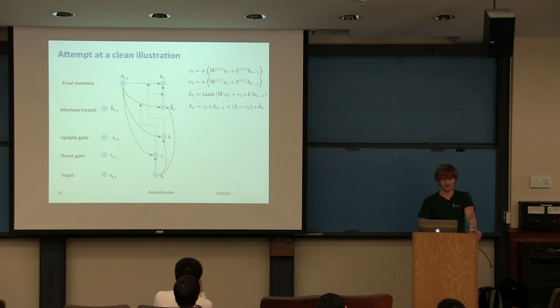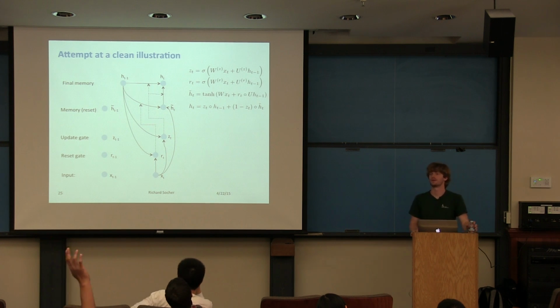And that's what ZT allows you to do. Basically here, if ZT is all 1, you just copy over your previous time step, and you can ignore the word vector entirely. If we only had ZT? If you only have ZT, then you wouldn't have a way to weight how much these two should interact in order to then compute the next memory.